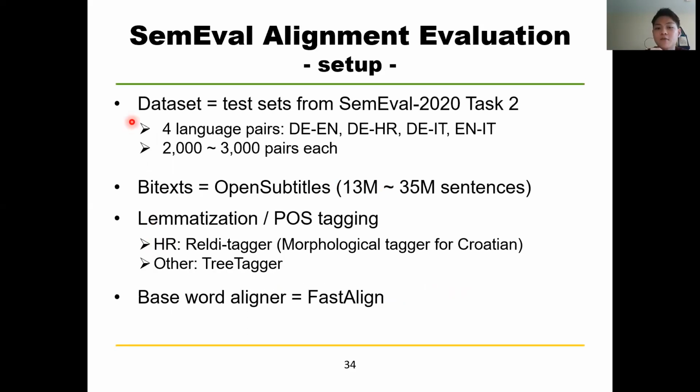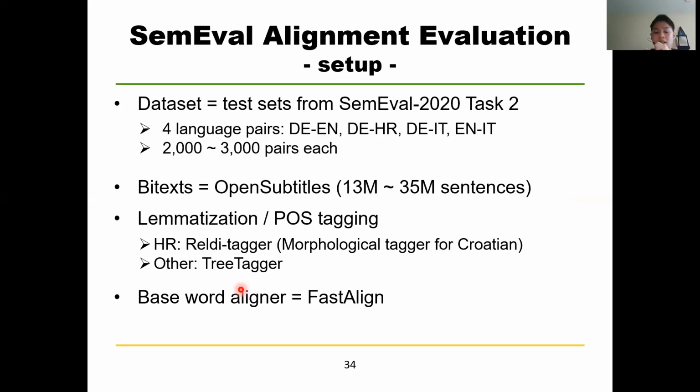We test on 4 language pairs from the shared task dataset: German-English, Croatian-English, Italian-English, and English-Italian. Each dataset comprises 2,000 to 3,000 pairs. We also employ OpenSubtitles as our bitext, and we apply lemmatization and part-of-speech tagging using existing tools.